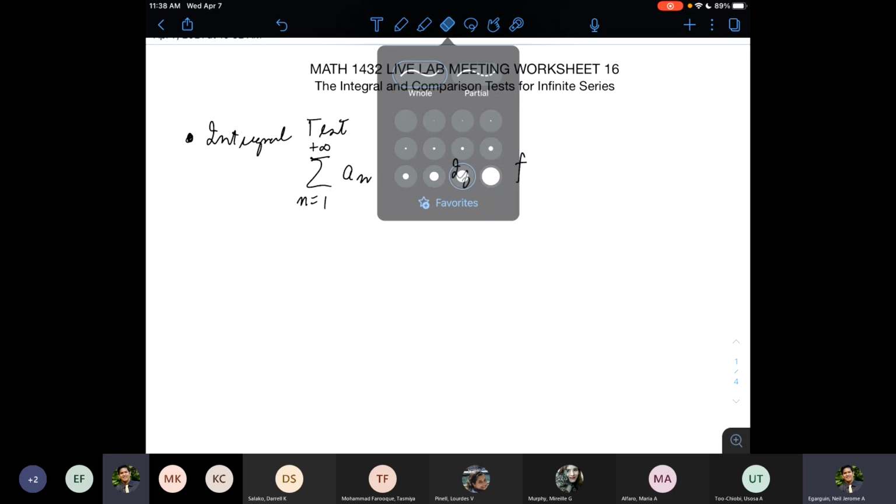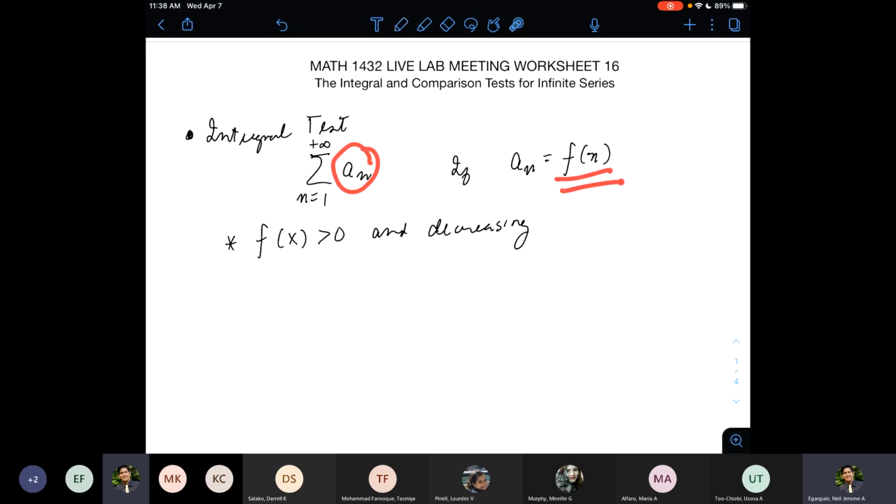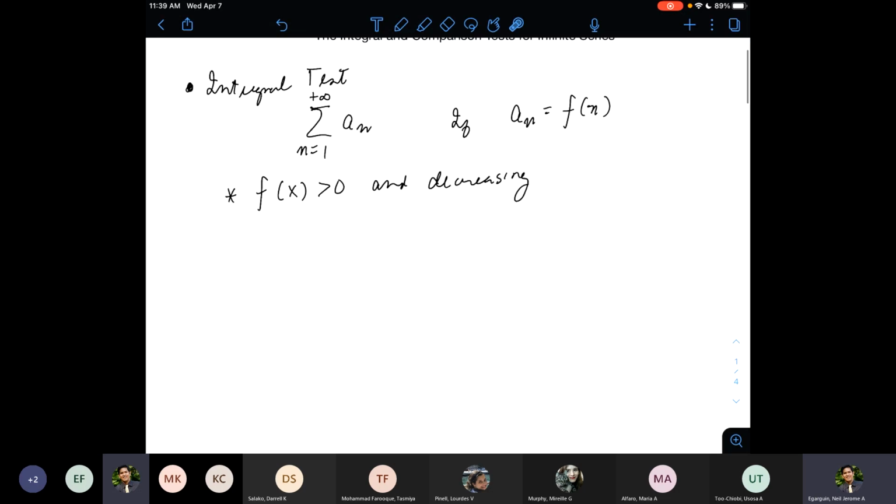If you can extend an into a function, so an is equal to f(n), and f is a real valued function, then if f is positive and decreasing, you can apply the integral test. So what you need to do first is look at the extension of an to a real valued function, say function f. If the function f is positive and decreasing, then you can apply the integral test.